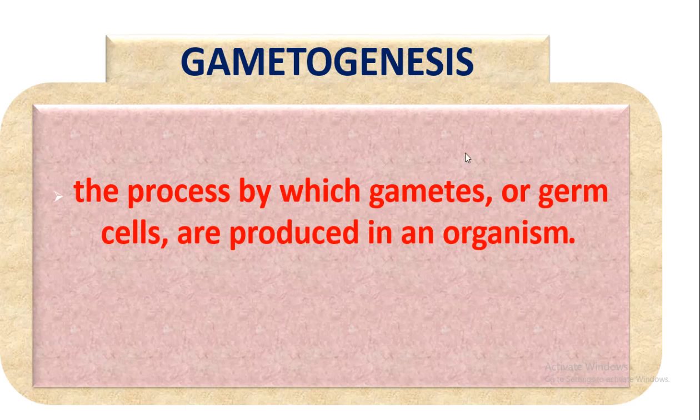When you talk of gametes, we are simply talking about the sex cells, which are the sperm and the egg. So gametogenesis is the process by which the sex cells are produced in sexual reproductive organisms.